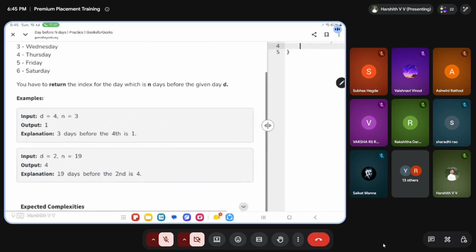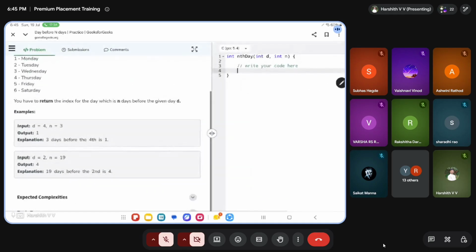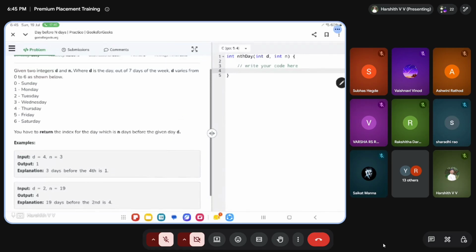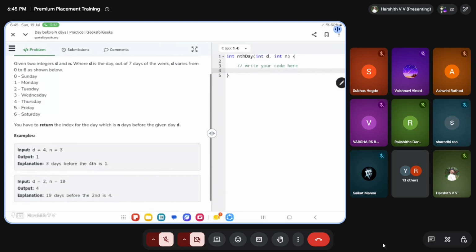In the second example, they have given d is equal to 2. So listen here. They have given d is equal to 2, which is Tuesday, and n is equal to 19. What is 19 days before Tuesday? They have given output is equal to 4, that is Thursday.